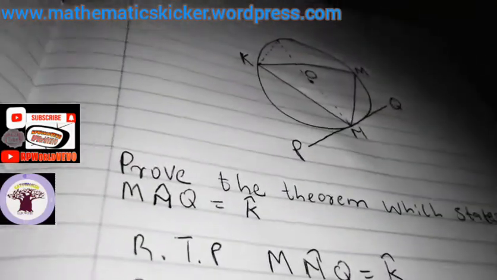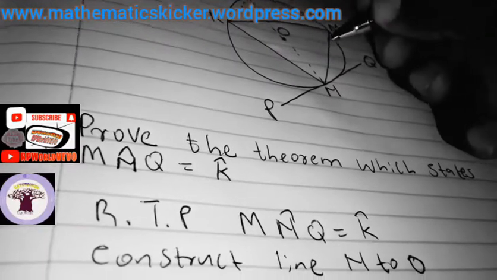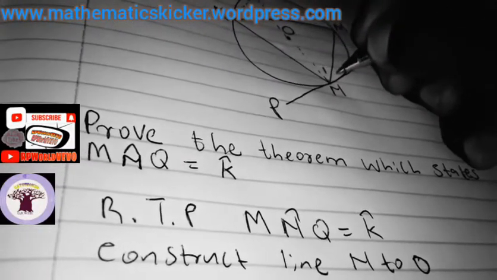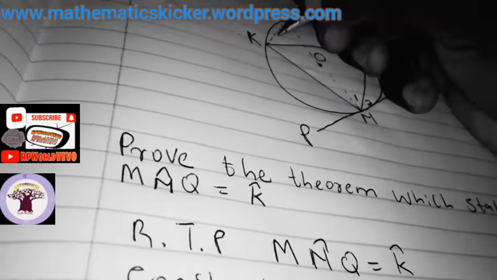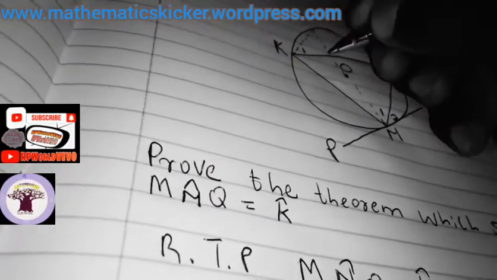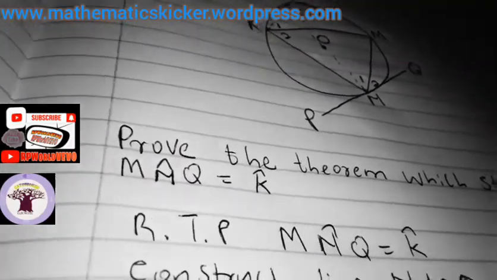Then join your line, and mark this part as N1 and N2, and on this side mark K1 and K2.